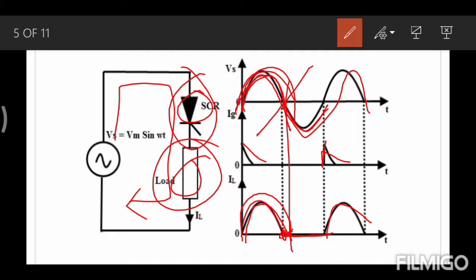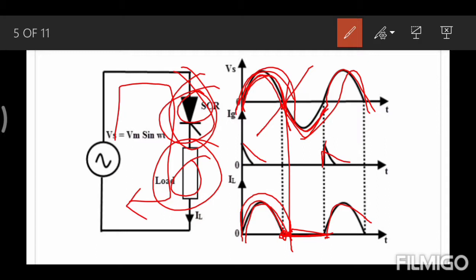Throughout the negative half cycle, the load current also remains zero. After that, when the supply voltage becomes positive, the SCR gets turned on.